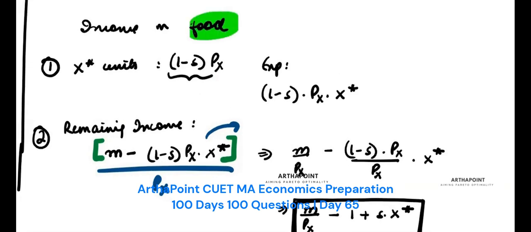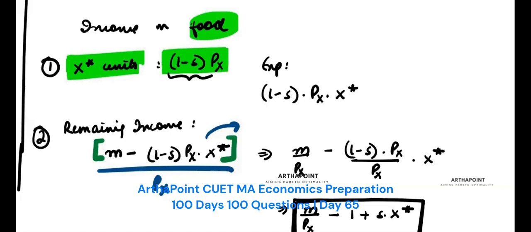Because he's spending all his income on food, that means he's buying more than X star units. He's able to buy more than X star units, which implies that first X star units he's going to get at a subsidy. The price that he is going to pay for it is going to be (1 minus S) into PX. So we go ahead and we get this.